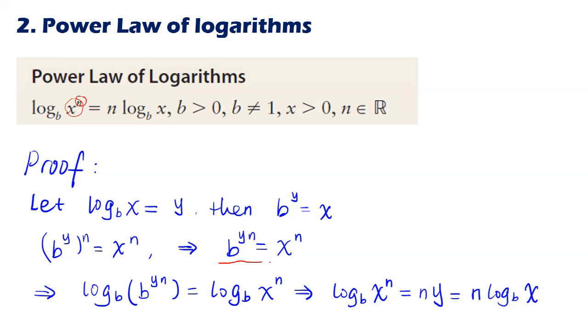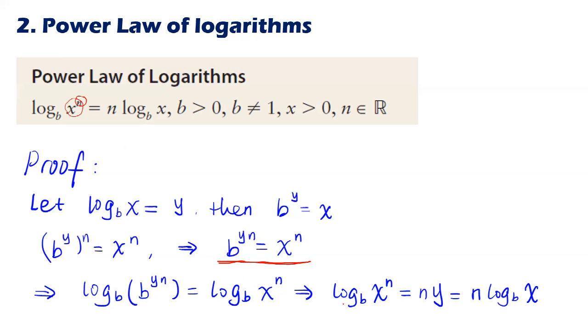And if you rewrite this expression using logarithms, this is actually log base b of b raised to the power of yn. This is actually log base b of x to the power of n, right?